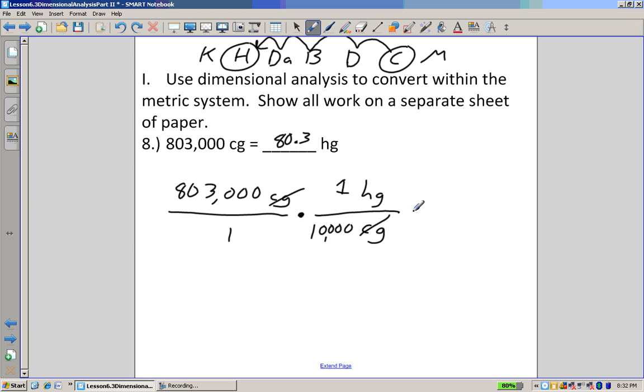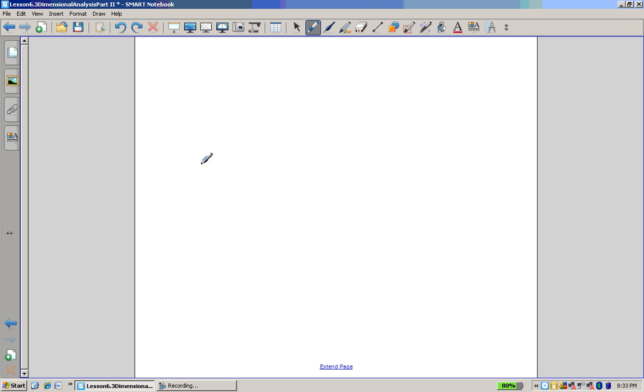And we simply multiply across. 803,000 times 1 is 803,000. 1 times 10,000 is 10,000. And of course we have hectograms as the only unit left. If you divide this out on a calculator, you will get 80 and 3/10. That concludes our lesson for today, converting within the metric system using dimensional analysis.